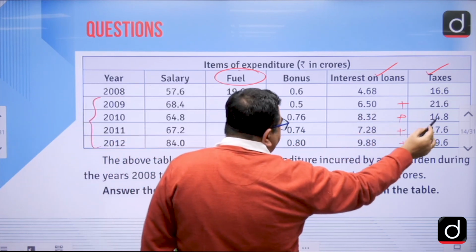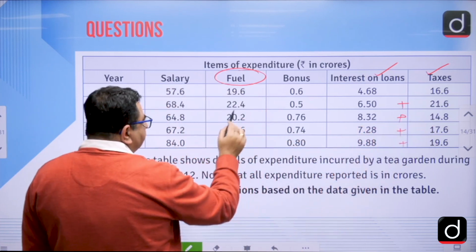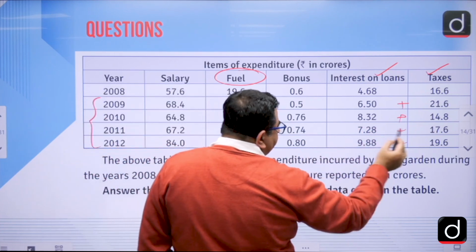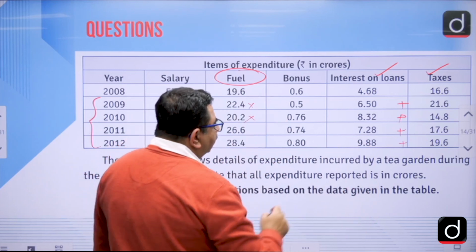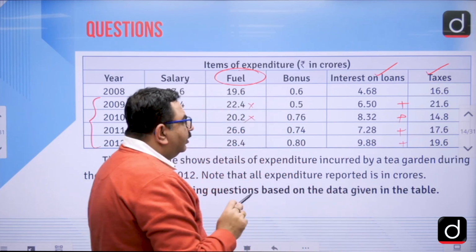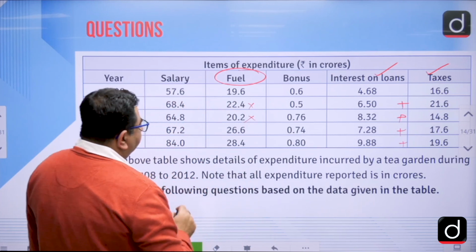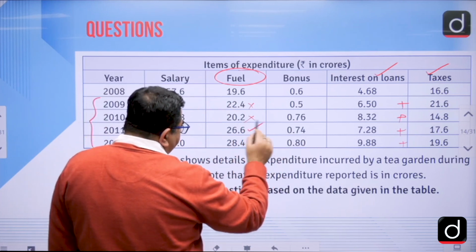That is 18, 8 plus 14, that is 22. This is 20. Again this is lesser, not possible. Then it is 17 plus 7, that is 23.28, and this 23.88, right? And this is more than that, right? So this is a possibility.